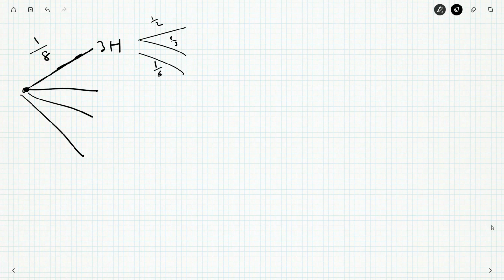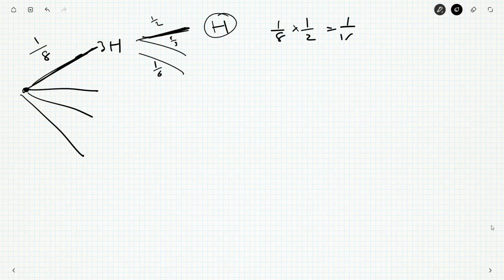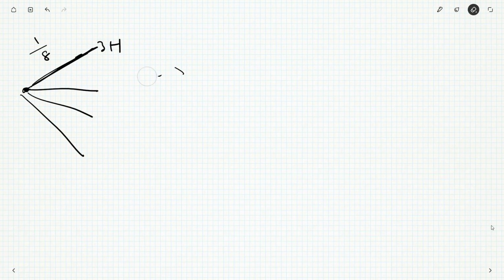So there's a 1/8 chance that we'll be up here, and then a half a chance that we get a single head or something like that. The probability of getting that single head by traveling along these branches is 1/8 times 1/2, 1/16. And it's important to remember probabilities along branches multiply. Okay? Just in case you're not the most familiar with probability trees.